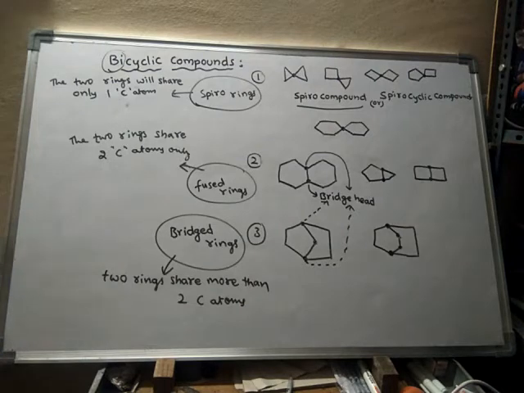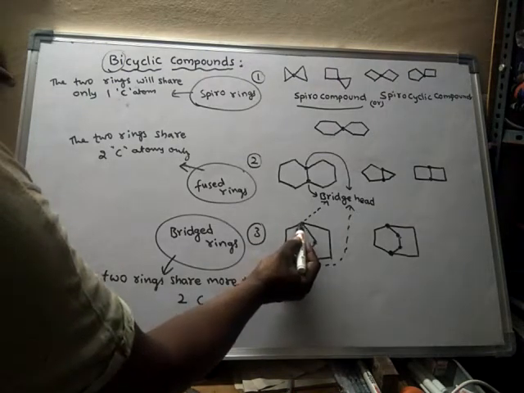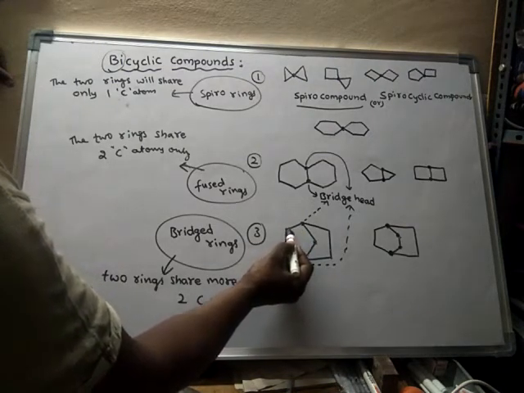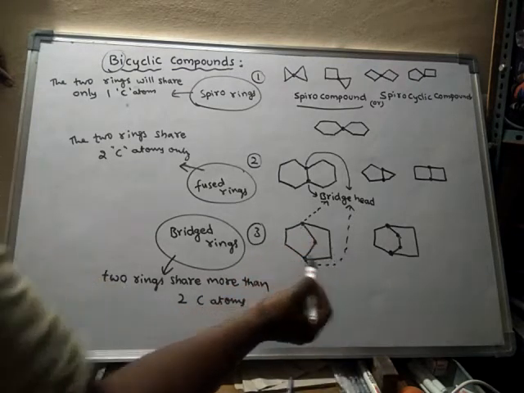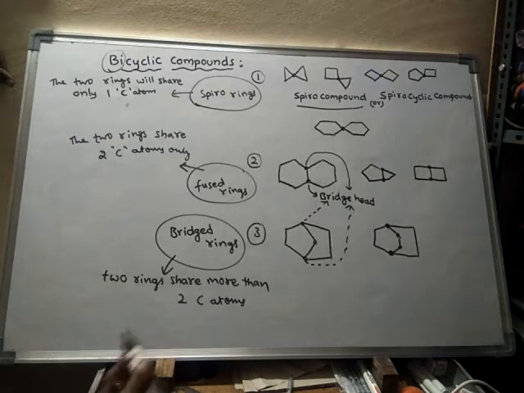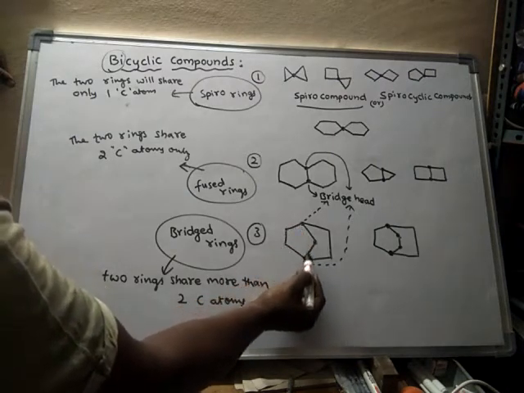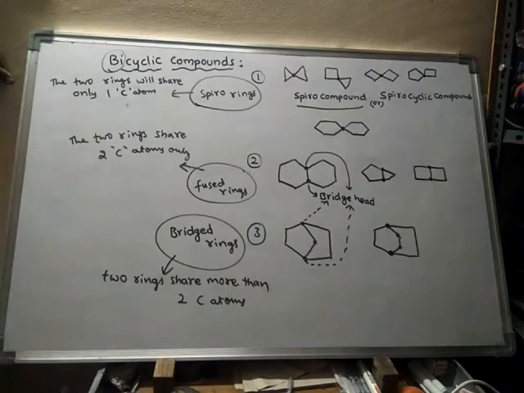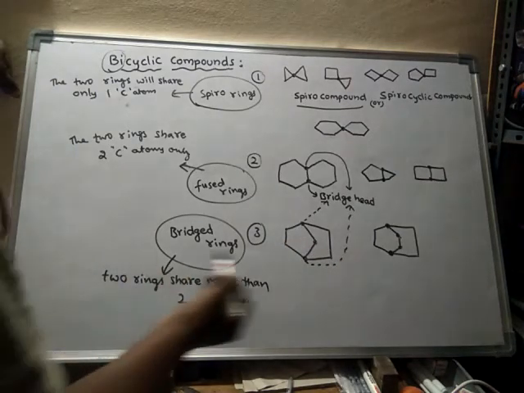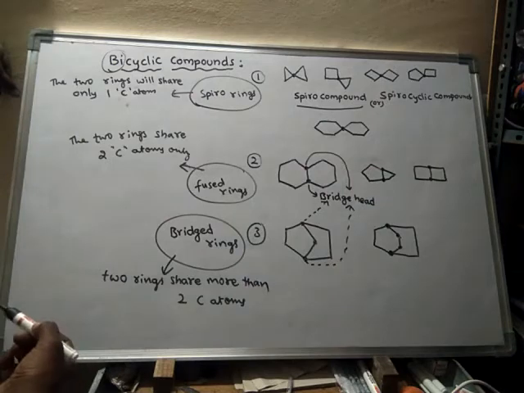And this one will become one link. This is another link. Or else simply a bridge. So this is one bridge, this is another bridge, this is another bridge. How many bridges are there? There are 3 bridges and 2 bridge heads.